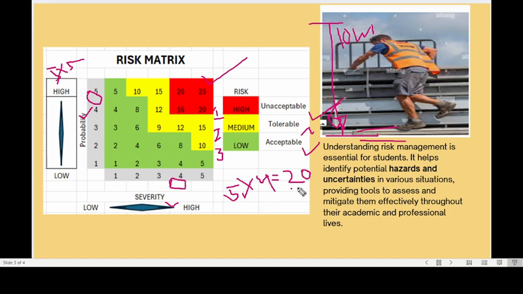This score falls in the red zone. 5 times 4 is 20, which means unacceptable risk. This kind of work must stop immediately. It is unsafe and violates basic safety protocol.